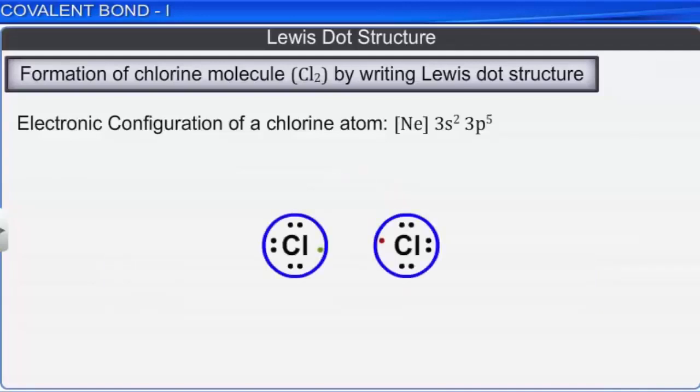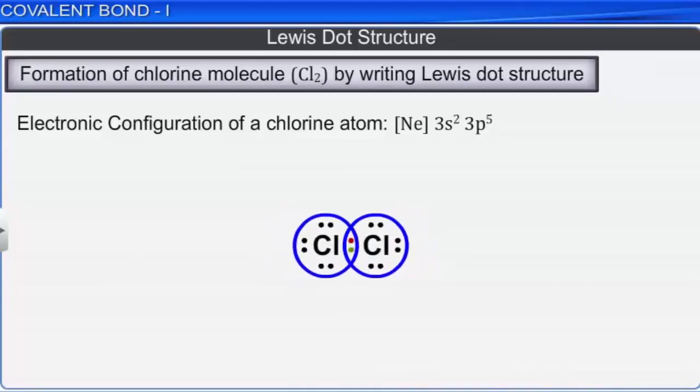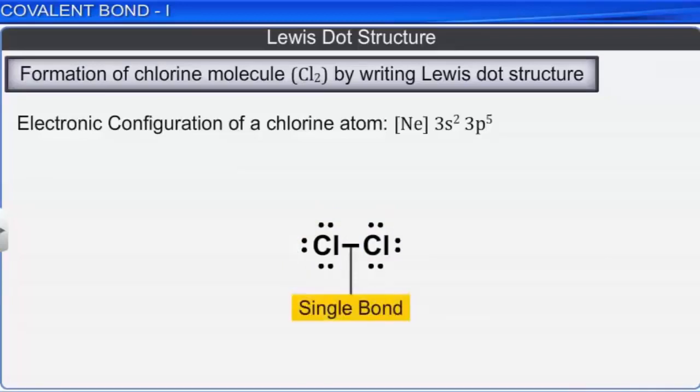Therefore, each chlorine atom contributes 1 electron for sharing, and this electron pair is shared mutually by both the chlorine atoms. This shared electron pair joins 2 chlorine atoms together in the chlorine molecule. That is, if 1 electron pair or 2 electrons are shared between 2 bonded atoms, a single bond is said to be formed.